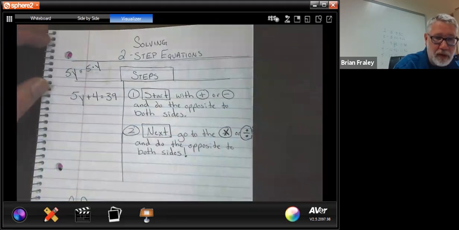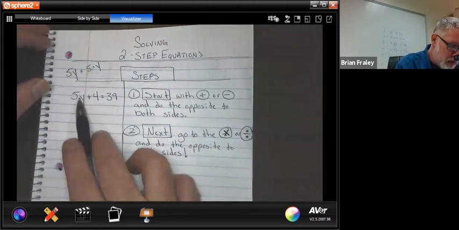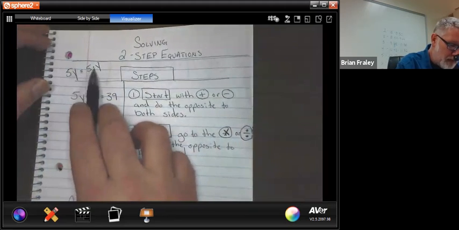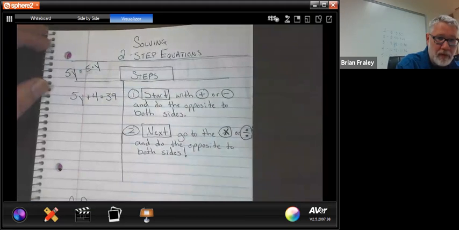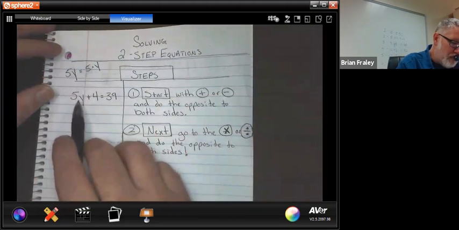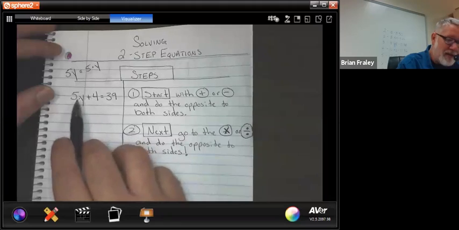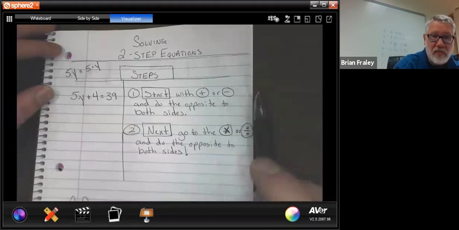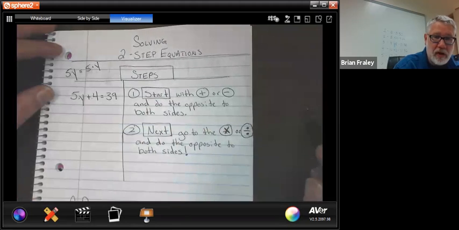Some of us do not realize that, but this means multiply. When there's nothing in between, it means multiply. Because of that, we've got multiplication, we've got addition. We have two operations. Well, two operations makes it a two-step equation, all right?